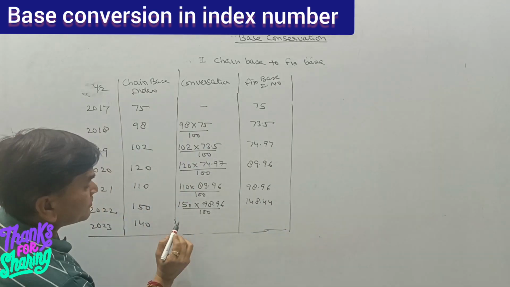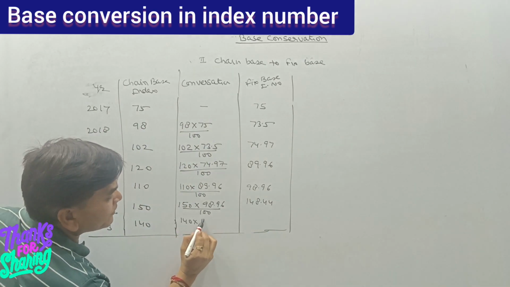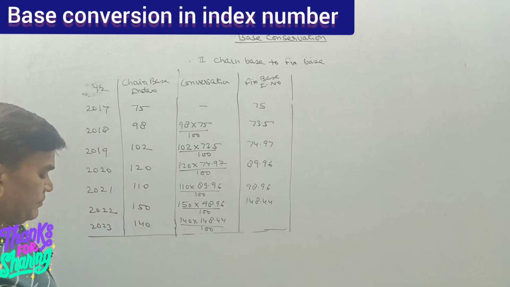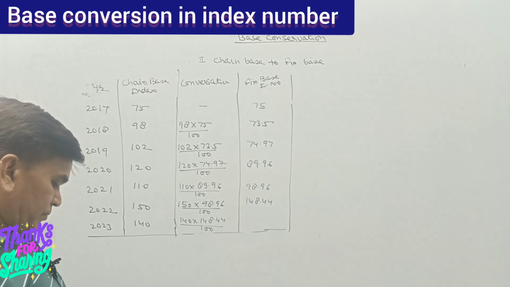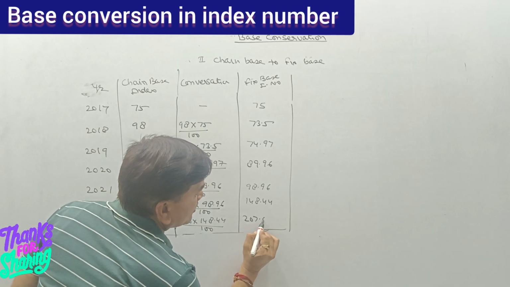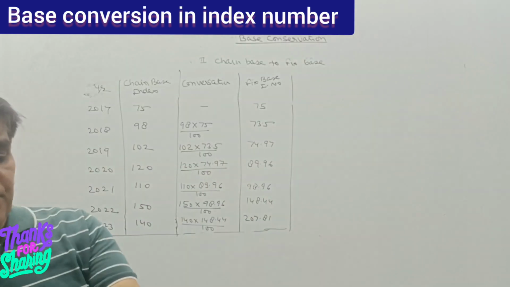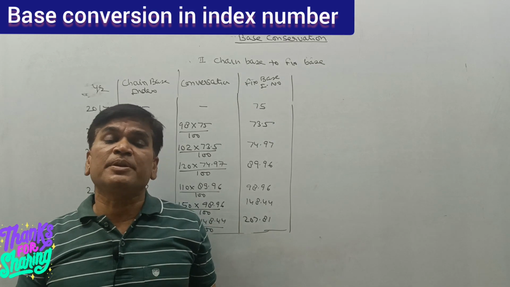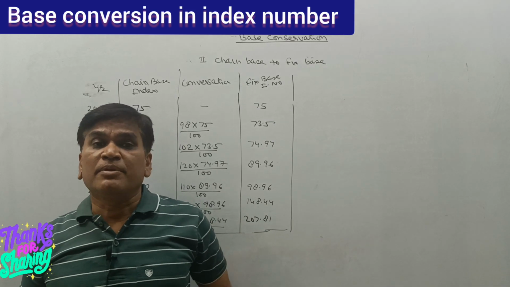And the last one, 140 multiplied by 148.44 divided by 100, is 207.81.